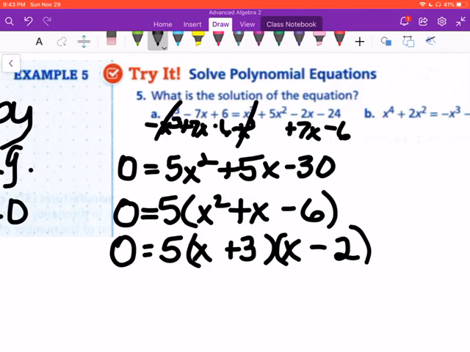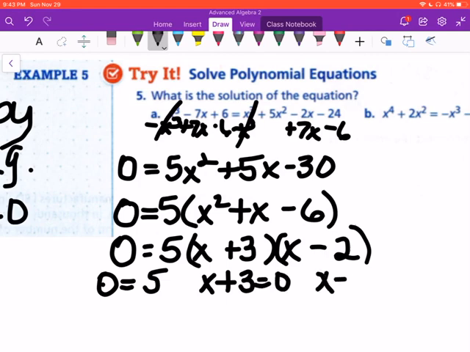And then if I set each factor equal to 0, I'll have my solutions. So 0 does not equal 5, x equals -3, and x equals 2.